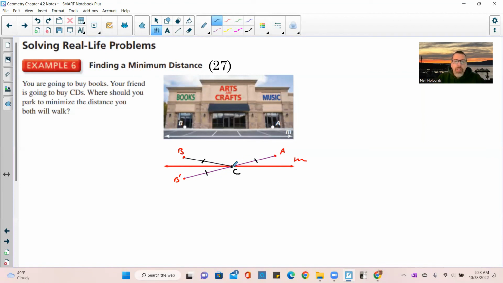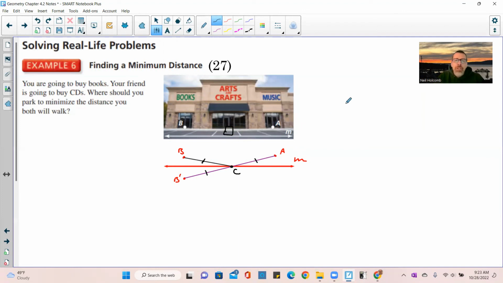And if B prime C equals AC and B prime C equals BC, then by the transitive property, BC equals AC. So you should park at C, which would be right in the middle here. Okay, so that's where reflections could be used in a real world scenario.